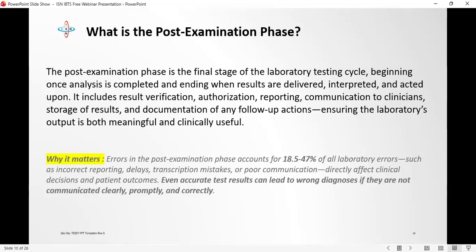You might have carried out your analysis properly and gotten good results, but when these results are not properly communicated to the clinician, the doctor, or not communicated promptly, maybe the results came in late, or not communicated correctly, this can affect patient care.